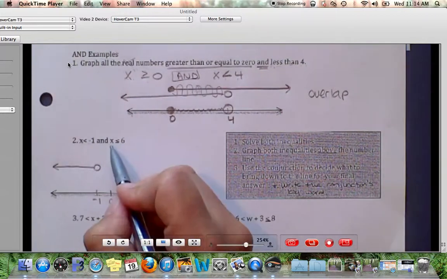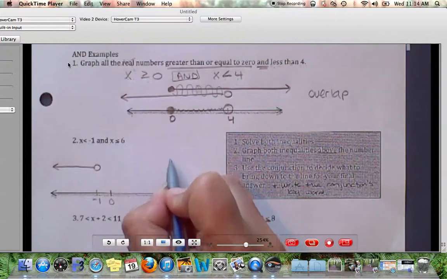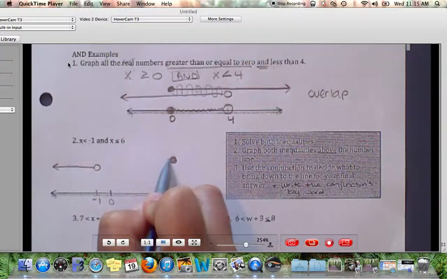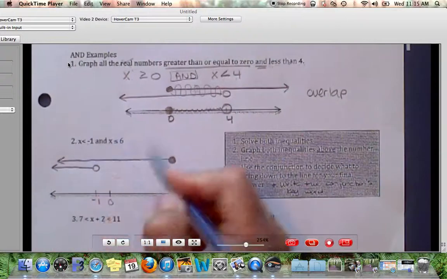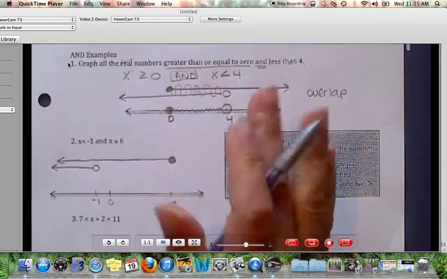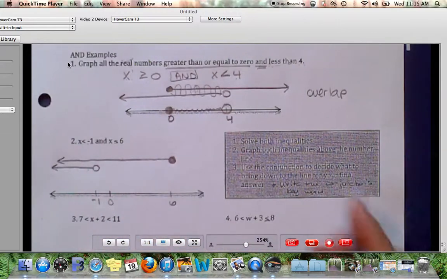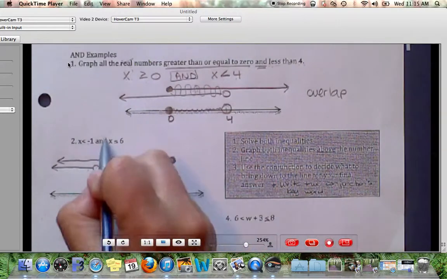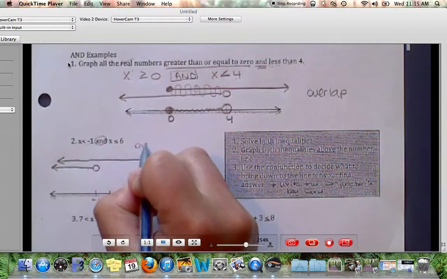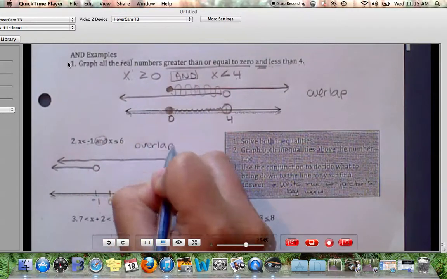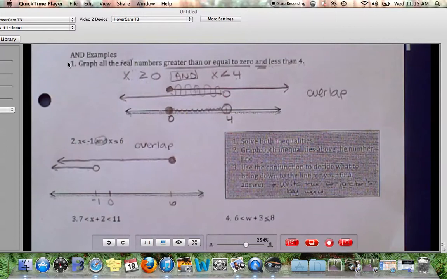x is less than or equal to 6. So it can equal 6 and be anything less than 6. So it doesn't matter which one of these is on top. It makes no difference at all, as long as you have both of them above the number line, then you're fine. Now this says and, which means I need to find where these two overlap. And where do they overlap?